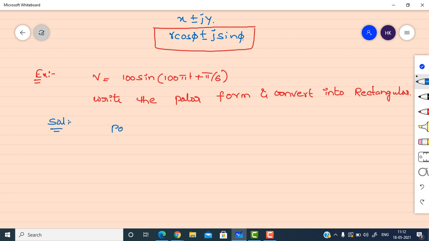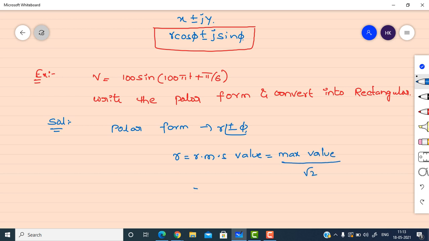Polar form means r at an angle phi. That is the representation for polar form. The r value is nothing but the RMS value. What is the formula for the RMS value of an alternating quantity? Yes, maximum value by root 2. So what is the maximum value? Vm. Compare this equation with the standard equation, Vm sin(omega t plus or minus phi).